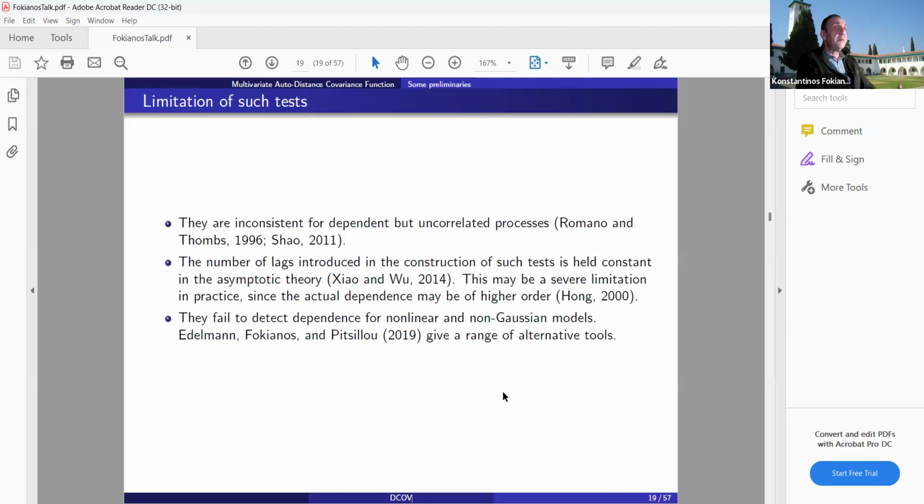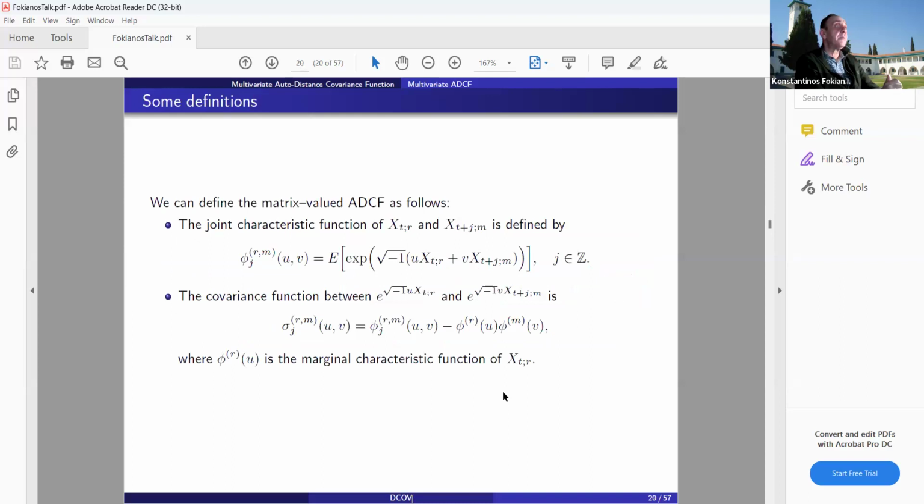And they do not detect dependence for nonlinear and non-Gaussian models, which is the case that we are doing here. So we gave a review paper back in 2009 on a range of alternative tools for this kind of problem. The idea is to define the matrix-valued auto distance covariance function.